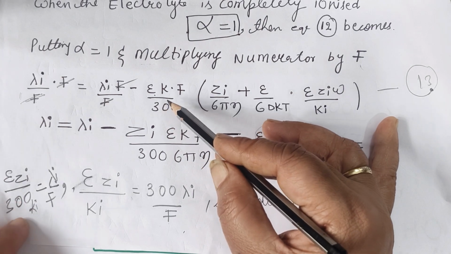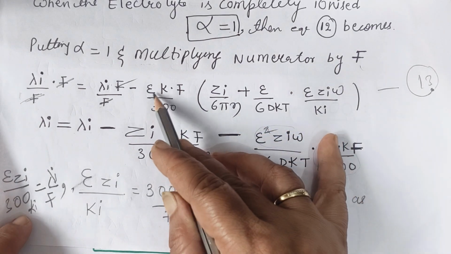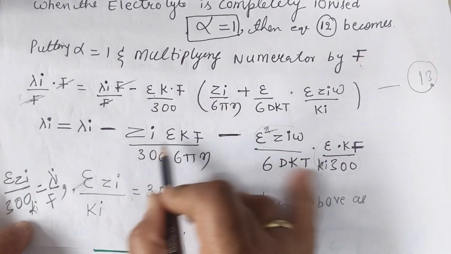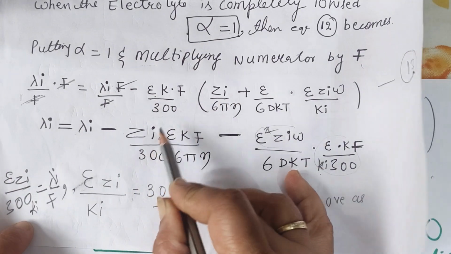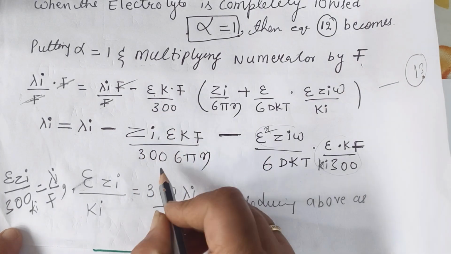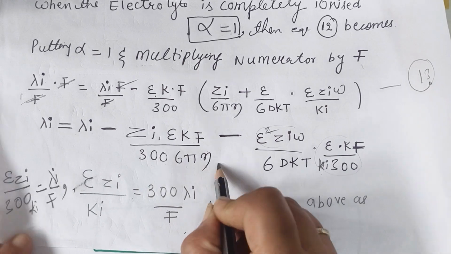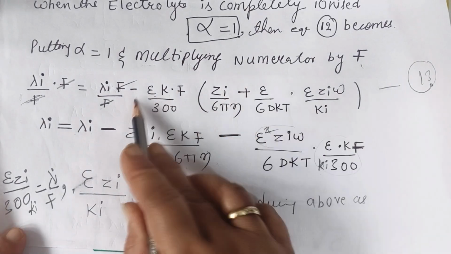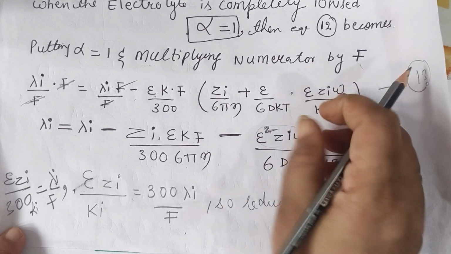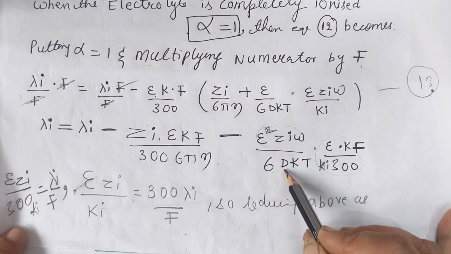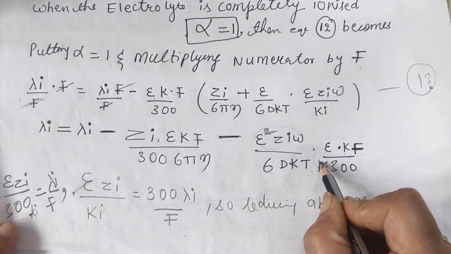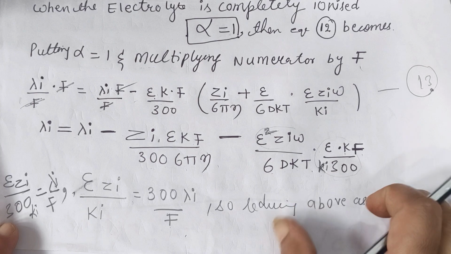Now you have to relate, because when you open the bracket, epsilon k F zi will remain as it is. So I have written zi here and epsilon k F, because it is F here, by 300 into 6 pi eta plus again this will be epsilon square zi w, which I have written first, and you can take here 6 dkt into epsilon k F by 300 by ki. Okay, so it is the same, just understand it.